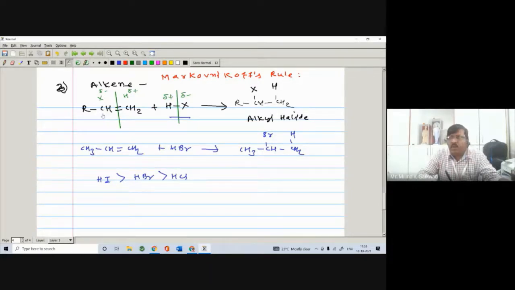So CH has one hydrogen and CH2 has two hydrogens. So the negative part, X negative, will attack the CH carbon. So this follows the Markovnikov addition rule, right?